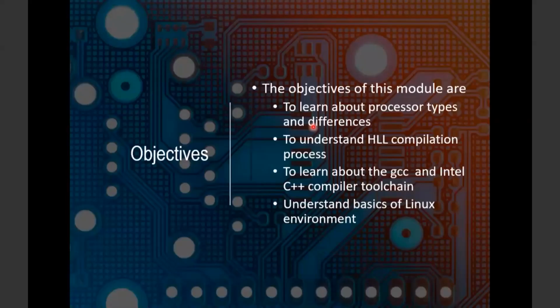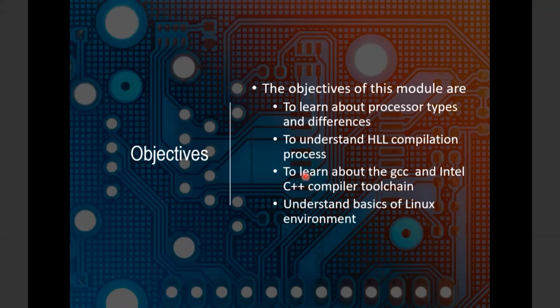So first of all, let's look at the objective. The objectives of this module are to learn about the processor types and the difference. You are going to look at what the embedded processors are, what the types of embedded processors are, and what the differences are between one processor and another. And then you are going to understand the HLL, the high level language compilation process: how to compile, how to do the programming and so forth.